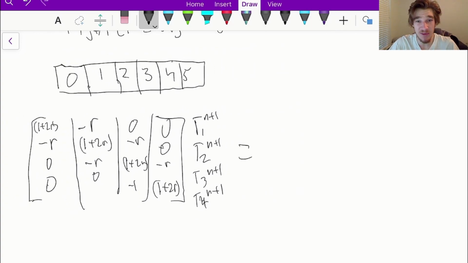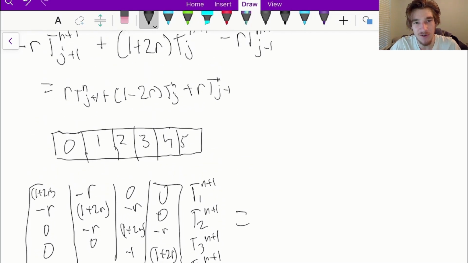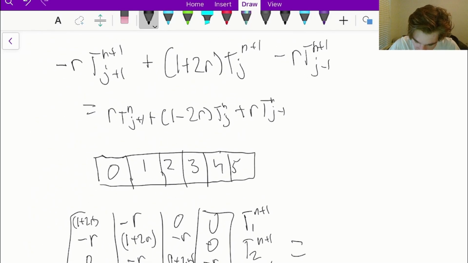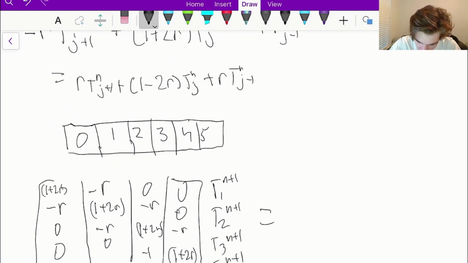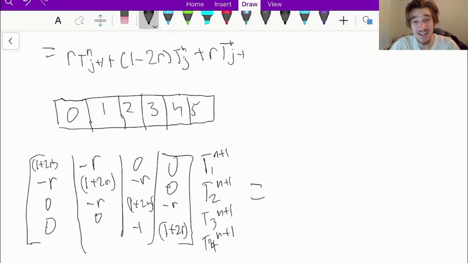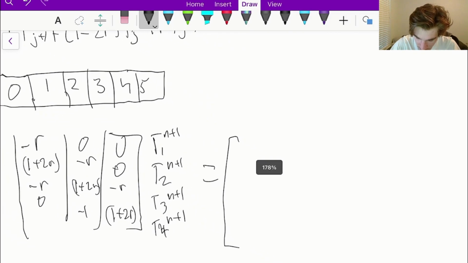And what is this going to be equal to? Well, we have to set it equal to the right-hand equation as pictured right above, right? So this is at time n, though. So we have this.